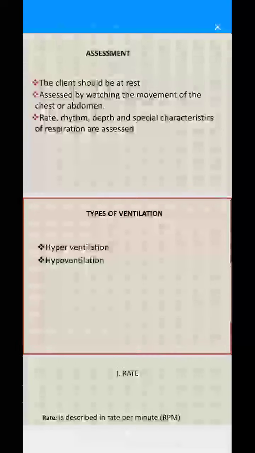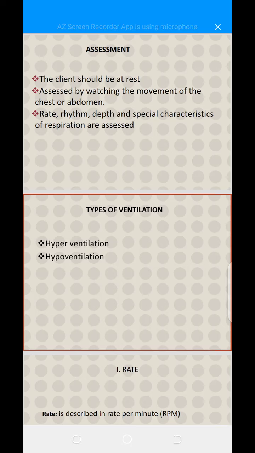But the movement of the abdomen is usually noticed in children, while for the adult, the assessment should be done by watching the movement of the chest. Then number three, you also need to assess the rate, rhythm, and depth.